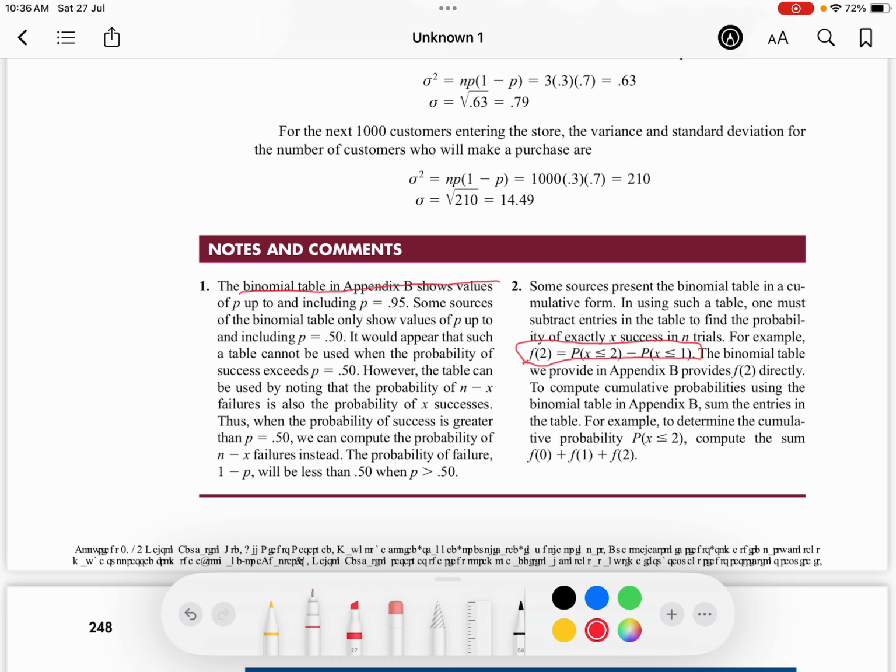Since the binomial distribution and Poisson distribution are discrete, probability x less than or equal to 2 means probability x equal to 0, plus probability x equal to 1, plus probability x equal to 2. This is why, in order to find the probability at 2, I must cancel probability x equal to 1 and probability x equal to 0. This is the meaning of the binomial table that I need.